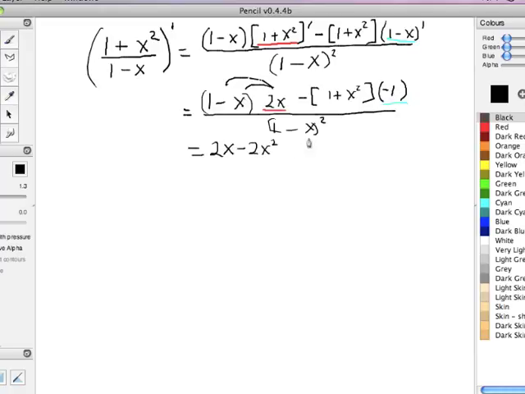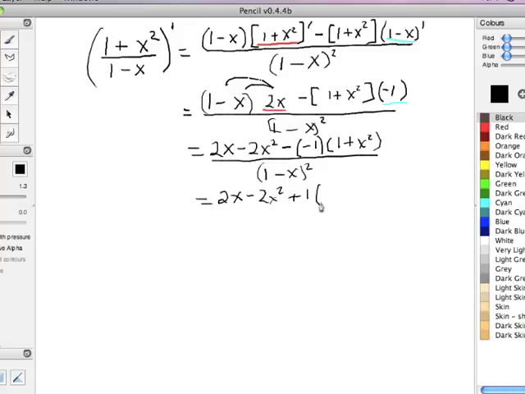So if I just reordered terms here, hopefully this is not too crazy. This is minus a negative 1 times (1 plus x squared), all over (1 minus x) squared. So we have, okay, so left to right, 2x minus 2x squared. We have minus a negative 1, that's plus 1, times (1 plus x squared), all over (1 minus x) squared. Stay with me, we're almost there.